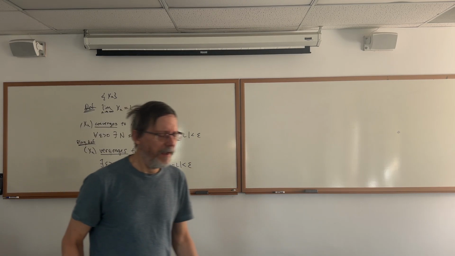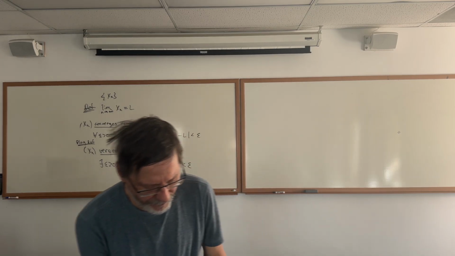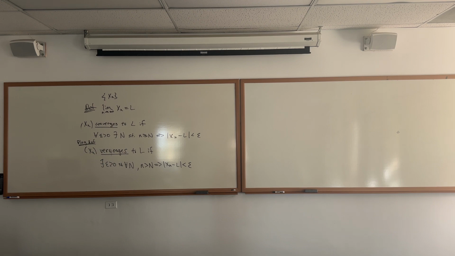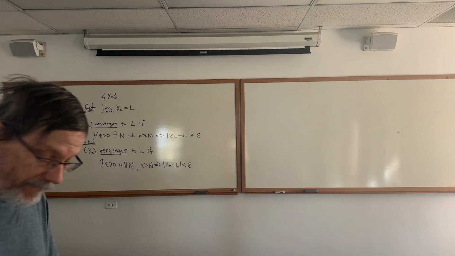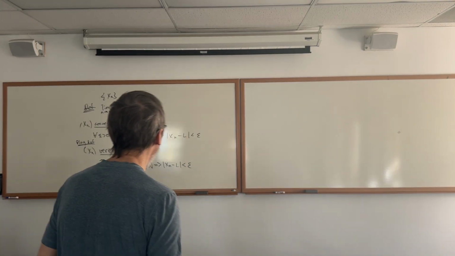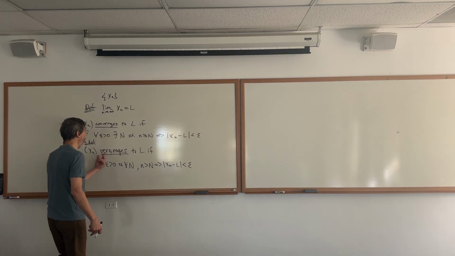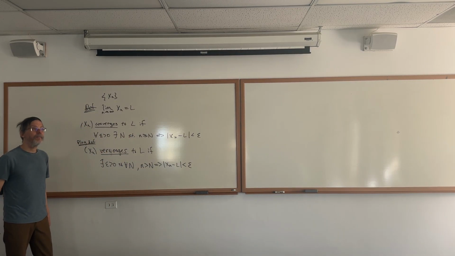Write that down. Take a minute to process that. So I want to ask you some specific questions about it. The first thing I'd like you to do is come up with an example of a vercongent sequence.